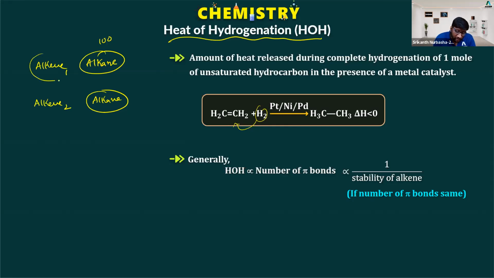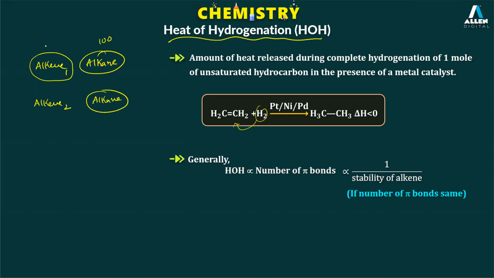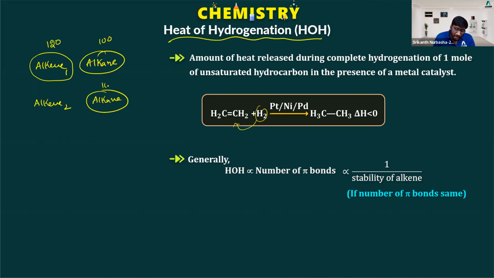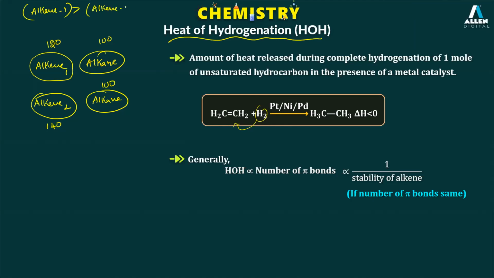This alkene is unstable when compared to alkane, so it should have more energy or less energy? More energy. Let us say alkene 1 has 120 units of energy. This alkane is the same 100 units. Alkene 2 has even more energy, let us say 140 units. So alkene 1 and alkene 2 stability you compare. Alkene 1 is more stable when compared to alkene 2.